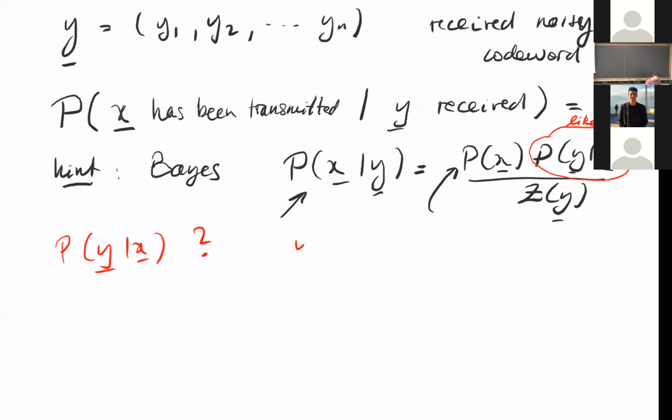We said that Yi is equal to Xi with probability 1 minus epsilon, and it is a question mark with probability epsilon.